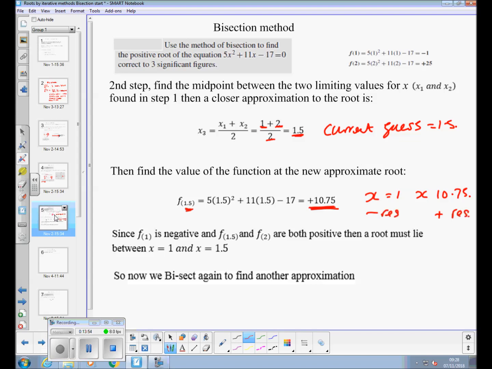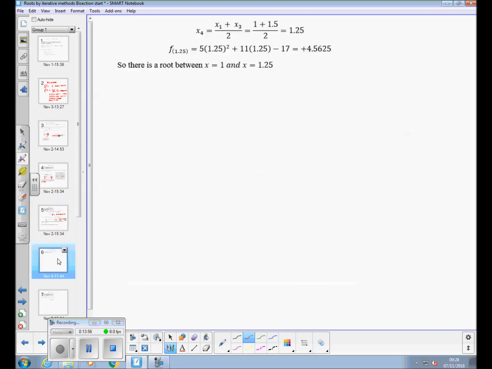So what we do then is bisect again. So we go halfway between the 1 and the 1.5 to 1.25. We put that in the function, and we find the result is plus 4.5625. Okay, we now know that the root is between 1 that gives us a negative result and 1.25 that gives us a positive result.